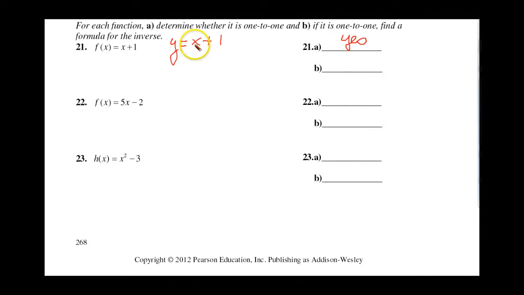And now what is the inverse function? Well, we need to exchange the x and y. So this is going to become x equals y plus 1. And now we're going to solve for y. So y equals, and I have to be careful of my signs here, x minus 1. And then we reverse this to its inverse function.